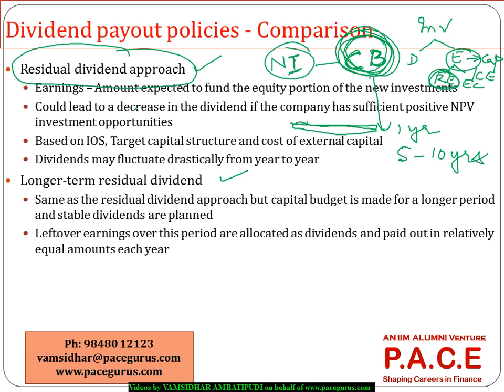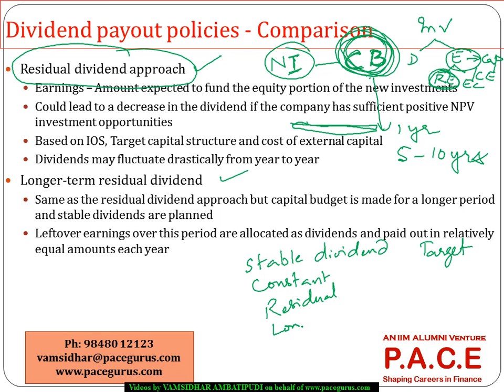So basically we are talking of 4 different kinds of approaches here. One is a stable dividend, wherein we talk about a target payout ratio and reaching that target. Then we are looking at constant payout. Then a residual dividend model and a long-term residual dividend model.